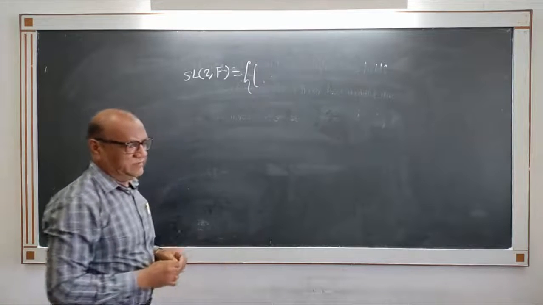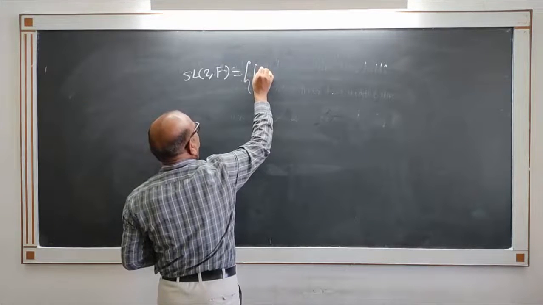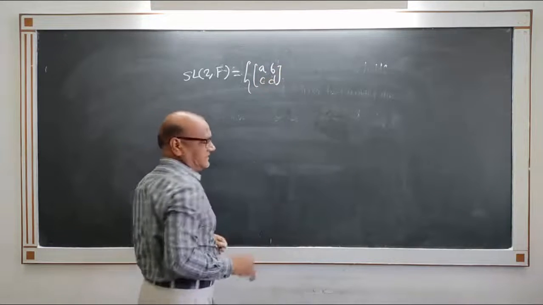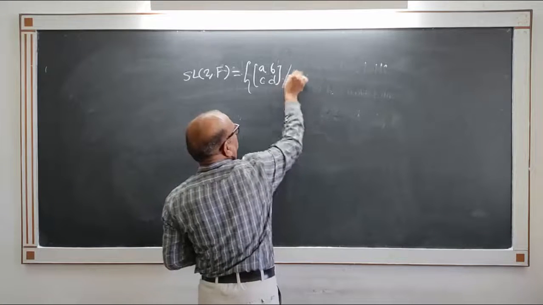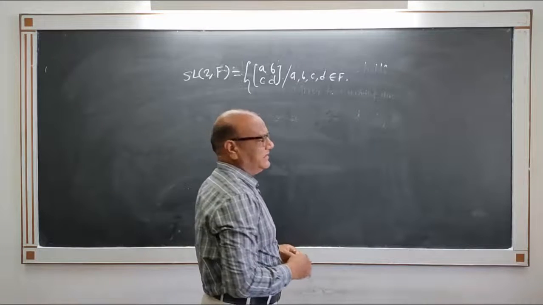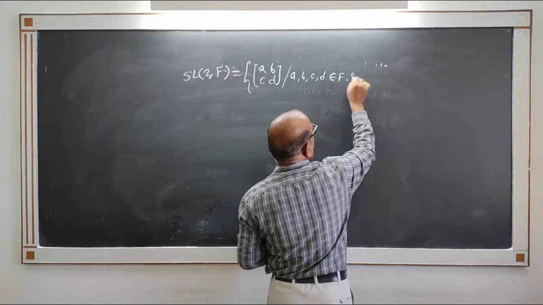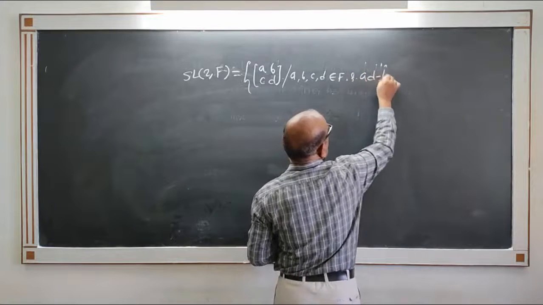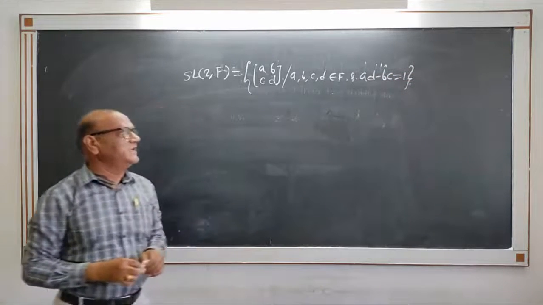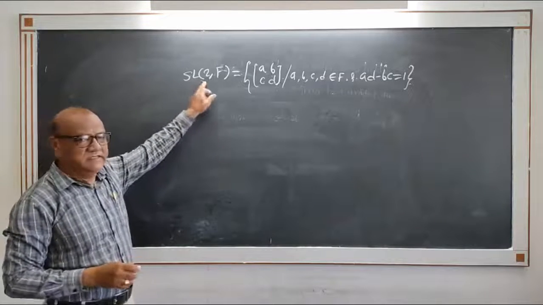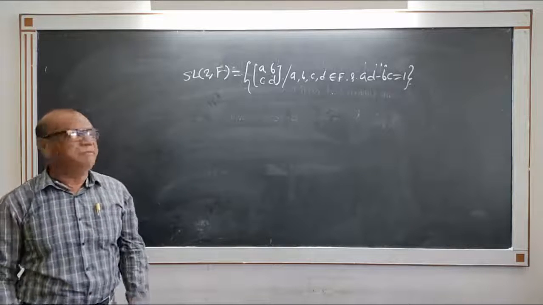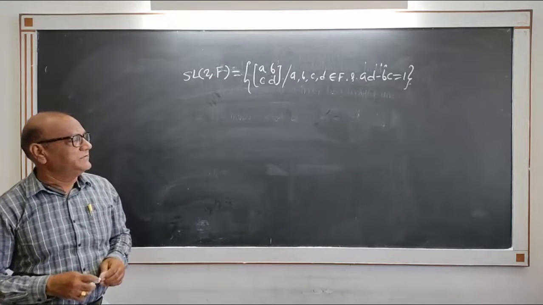That means the set of 2 by 2 matrices A, B, C, D, where A, B, C, D belong to F and AD minus BC is equal to 1. This group is called the special linear group of order 2 with entries from F, where F is a field.